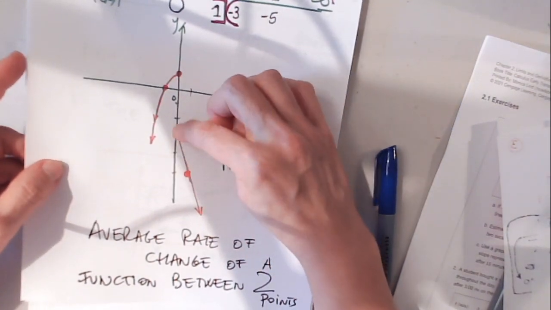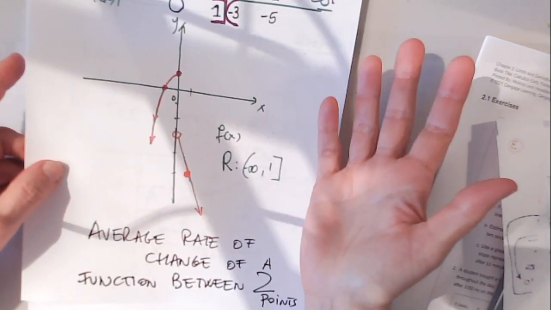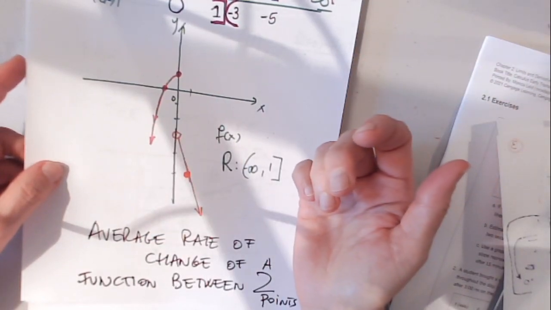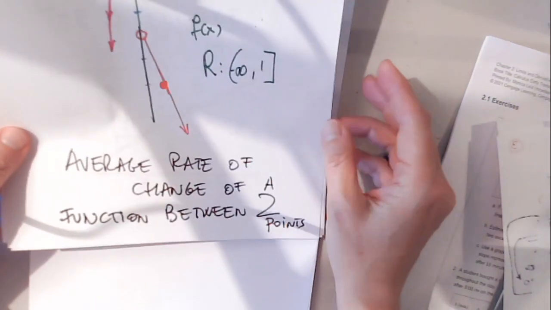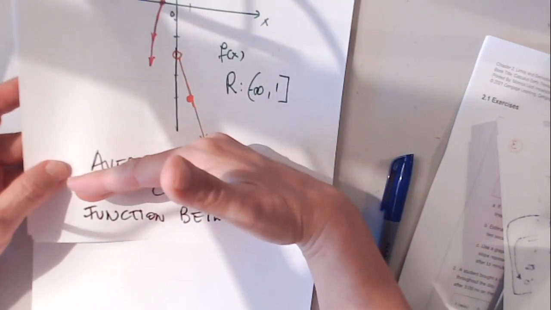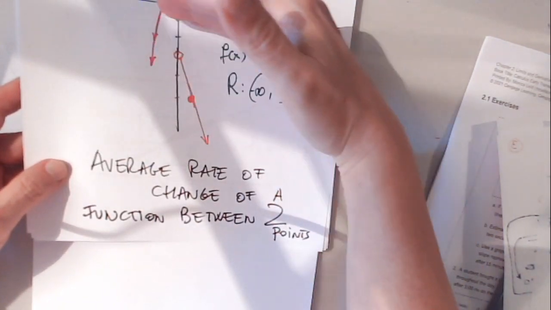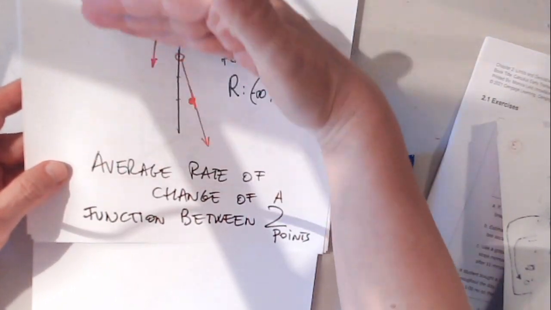If both of them are full points, this is not a function by the vertical line test anymore. And then the range of the function is from the lowest y value to the largest y value where the function exists. And this function exists from negative infinity to 1.